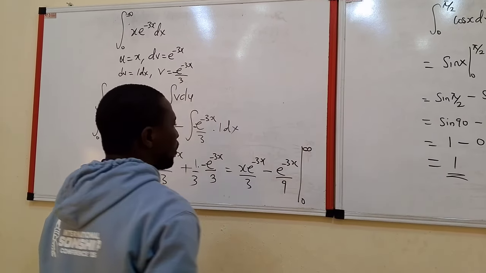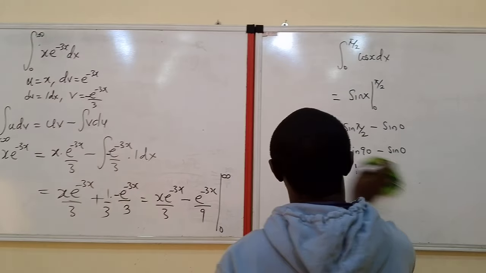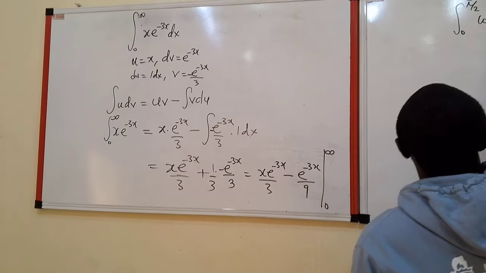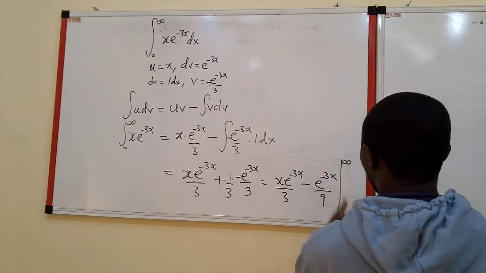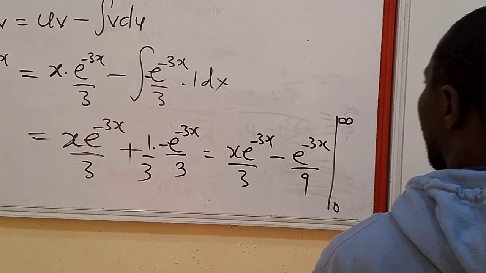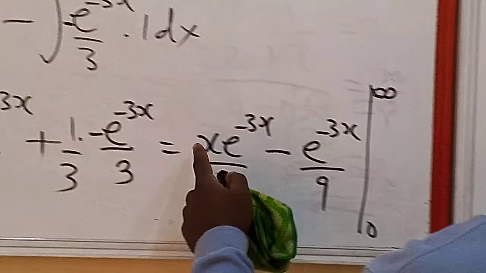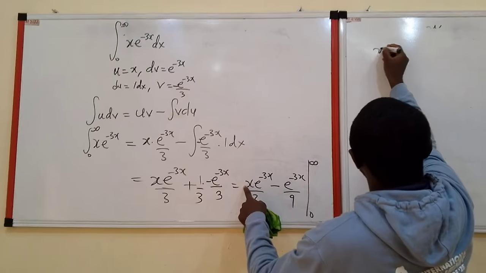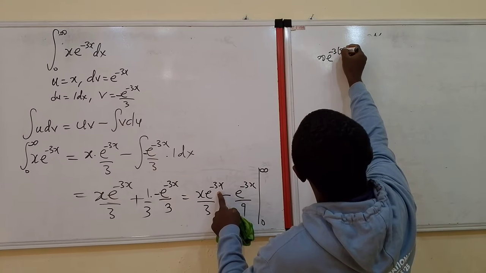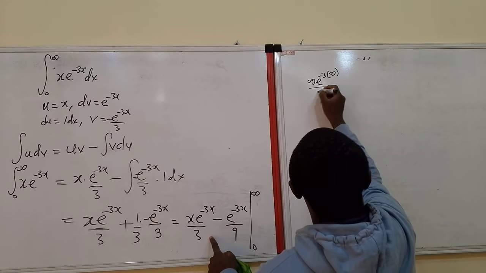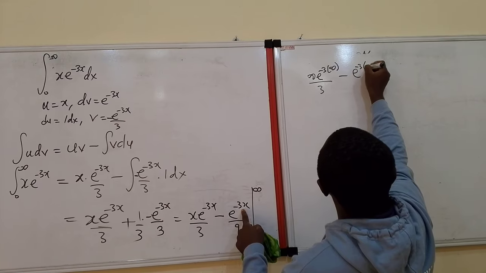Okay? We now substitute in those values. The first thing is anywhere you see x, you write infinity. So I have this exponential minus 3 infinity over 3 minus exponential minus 3 into infinity over 9.